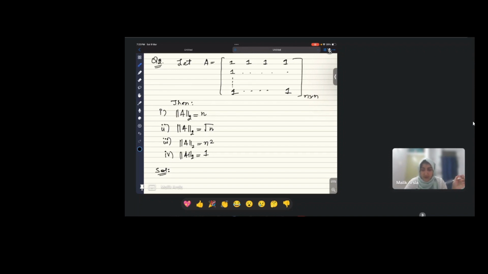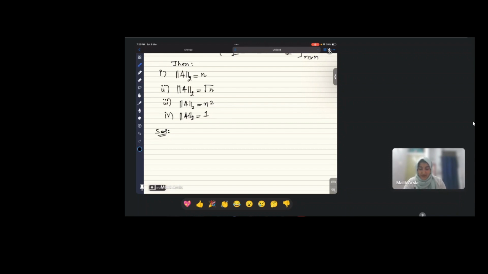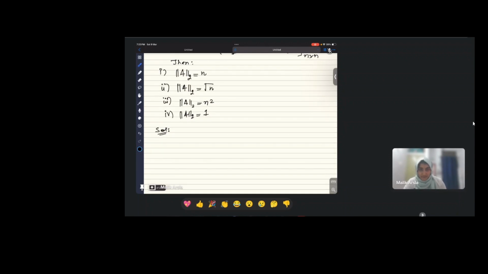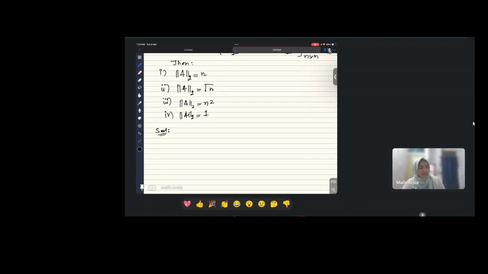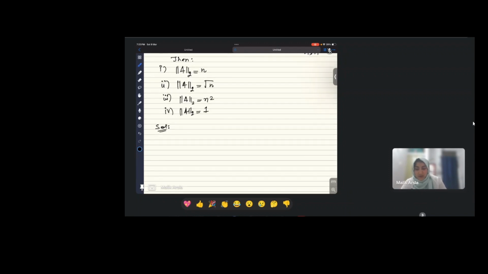Then n times n. Yeah, you are making the mistake here, n times n. Otherwise, your approach is correct. So one of the eigenvalues is n squared. So if I take the maximum eigenvalue n squared, take the root, the answer is n. Yeah, the answer will be n. Correct. Okay, I understood your mistake. That's why I wanted to ask you how did you approach it.